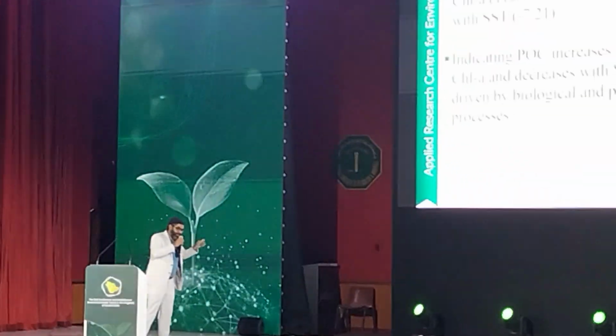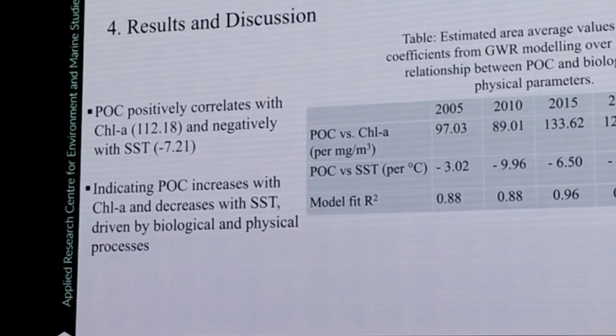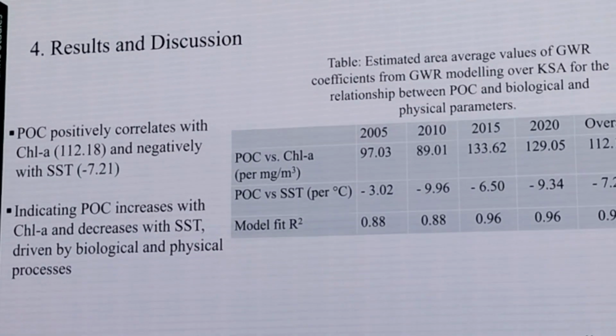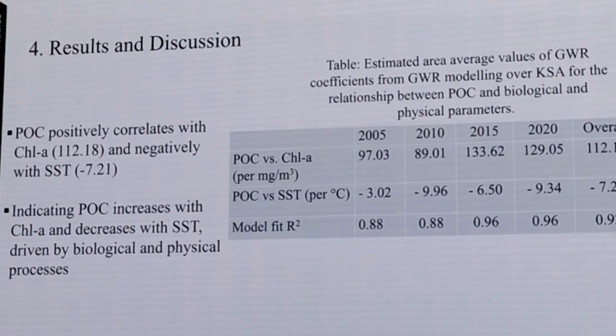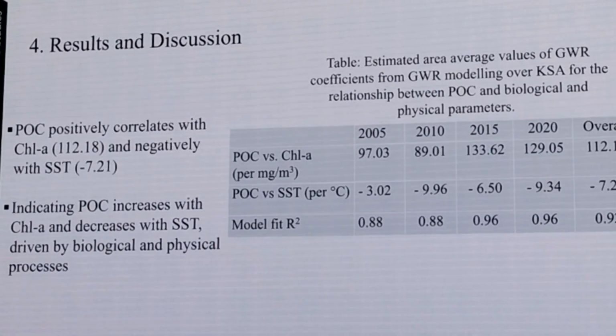So here it means that each change in chlorophyll will make an increase of 97.03 milligram per meter square. Overall, we can say this is the case for all the spatial distribution, but it can vary. This was not shown here.